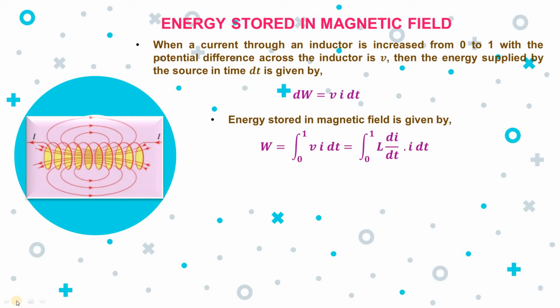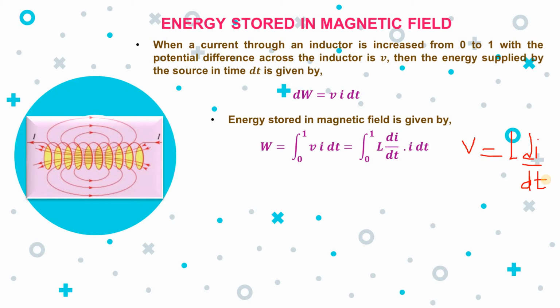According to Faraday's law or according to self inductance, V is equal to L into di by dt, according to the self inductance formula.